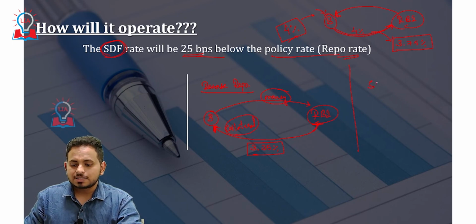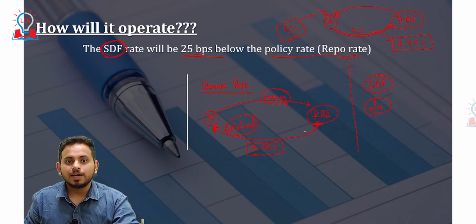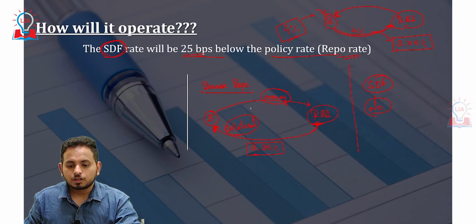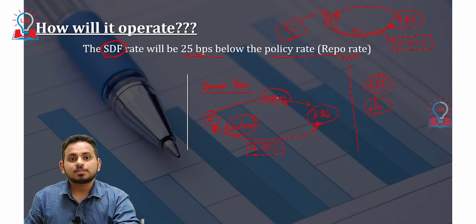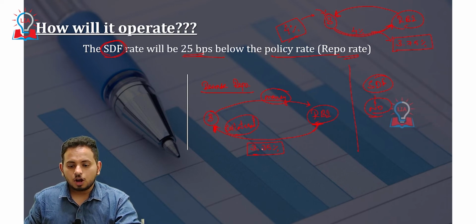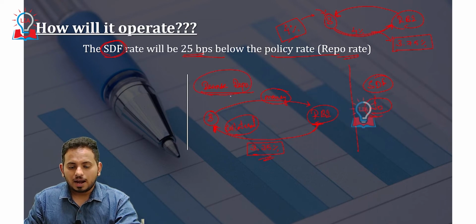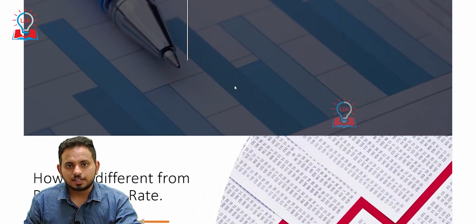When it comes to SDF, the standing deposit facility, there is no guarantee or collateral that will be used by the RBI for the money that it has taken from banks. This is the only difference, along with the interest rate, between reverse repo and the standing deposit facility.